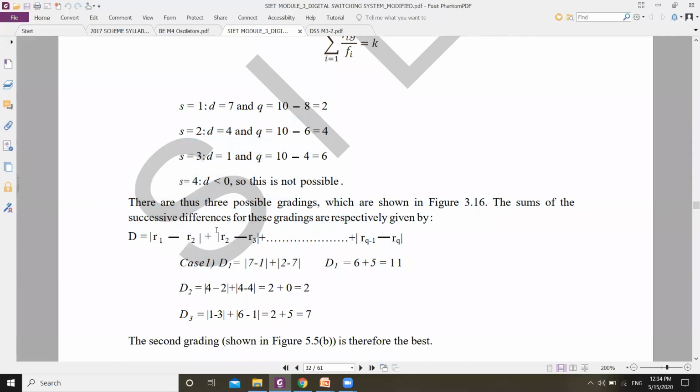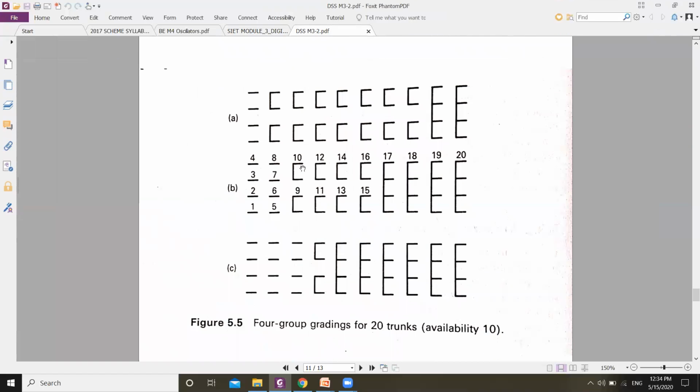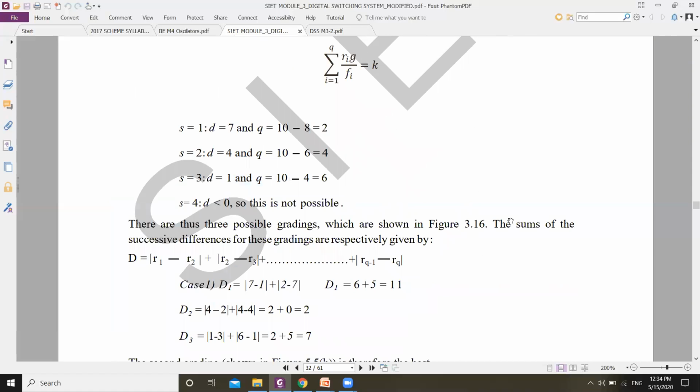So thus there are 3 possible gradings, which are shown in 3.16. The sums of the successive differences for these gradings, respectively, is given by D equal to modulus of R1 minus R2 plus modulus of R2 minus R3, and so on up to modulus of R(Q minus 1) minus RQ.